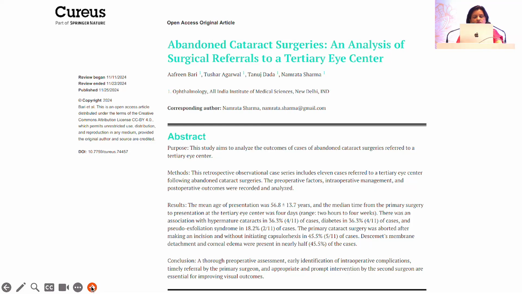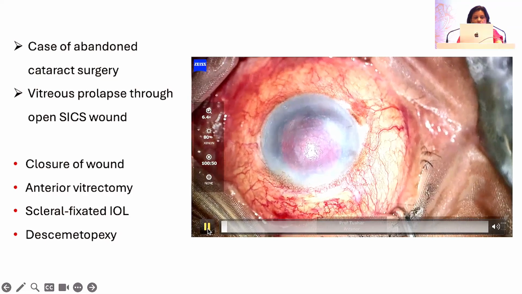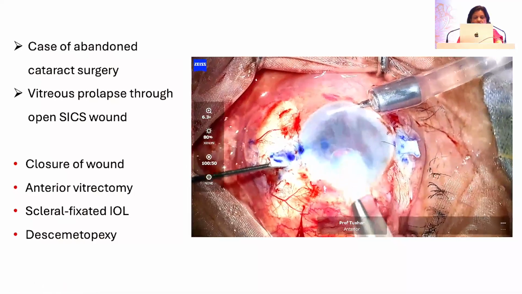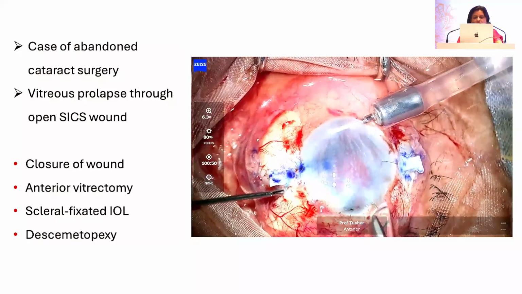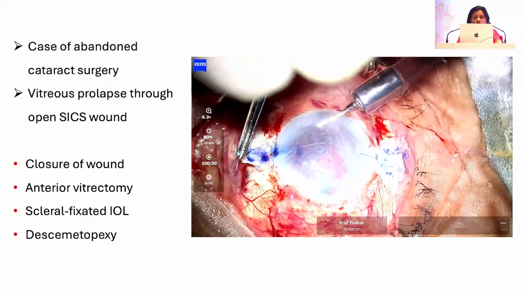We've had cases of abandoned cataract surgeries referred, and we've published this. This was a case of abandoned cataract surgery where vitreous prolapse was there through the open SICS wound. So closure of the wound was done, anterior vitrectomy was done, followed by the scleral fixated intraocular lens, and subsequently even descemetopexy was done because the Descemet's membrane was detached.